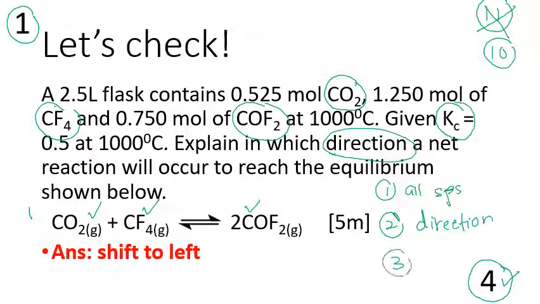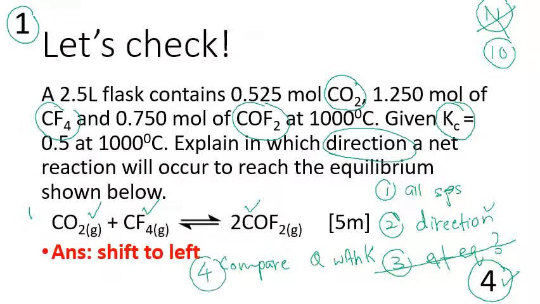Even though the question does not ask whether it is at equilibrium, we already know it is not at equilibrium because they asked us for the direction. So we need to compare Q with K. Refer to the slide in front. We know this is the 4th type that I introduced to you. So the answer is 4 here.